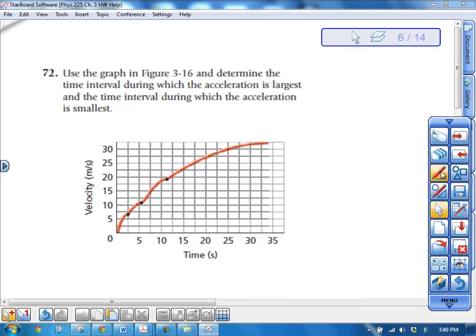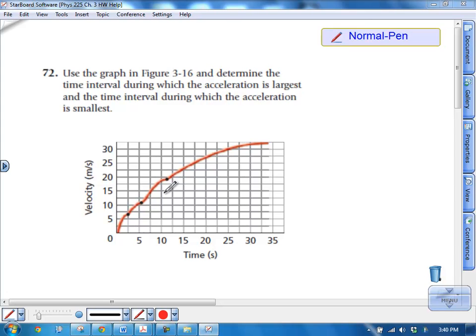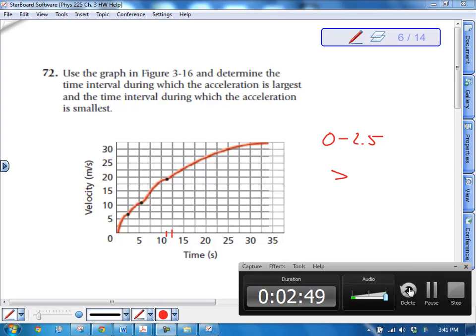Okay, so here's this graph for 72. We want to figure out the time interval during which the acceleration is the largest and the time interval during which the acceleration is the smallest. So he's got these dots here for us. The acceleration is the greatest when the slope of this graph is the greatest. So that's obviously from 0 to 2.5 seconds here. And then the time interval where the acceleration is the smallest is the last. So that would be anything greater than, it looks like, this point here, which is, there's 12.5, so half of that.